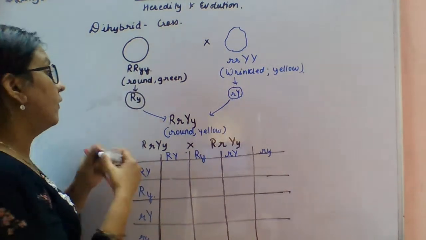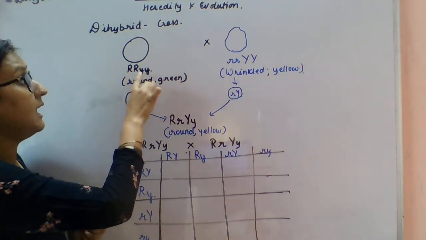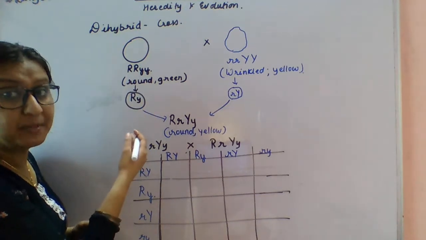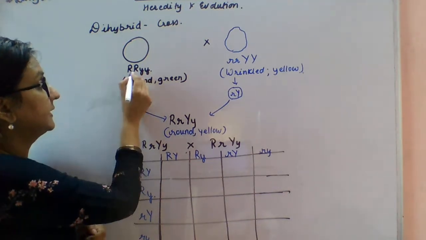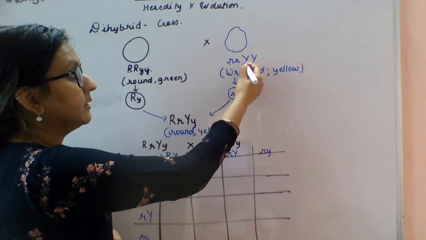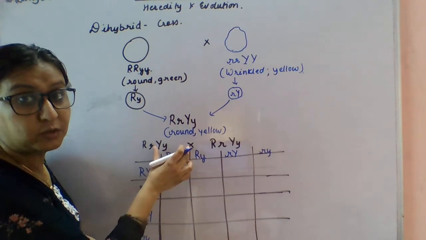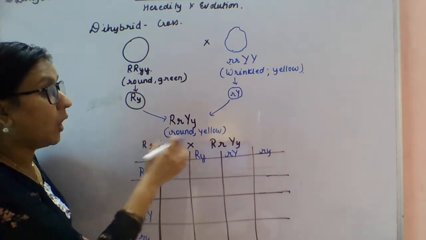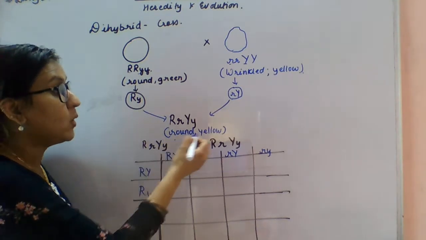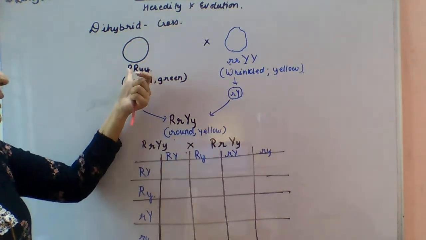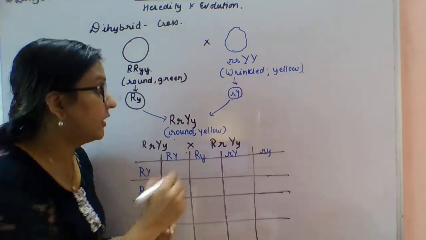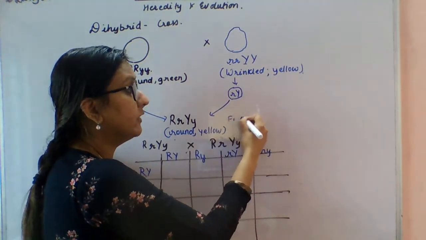From here, capital R and small r genes, or you can say the gametes, will pass on to the next generation. From the other parent, small r, small y will pass into the next generation. So all the offspring we get from this will be round and yellow. So both are dominant characters, that I told you in the first generation, the F1 generation.